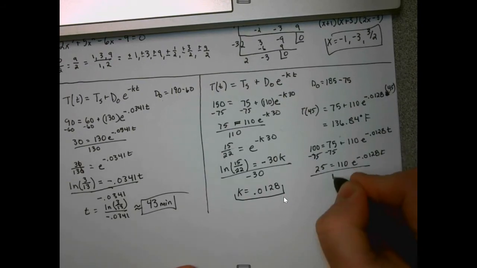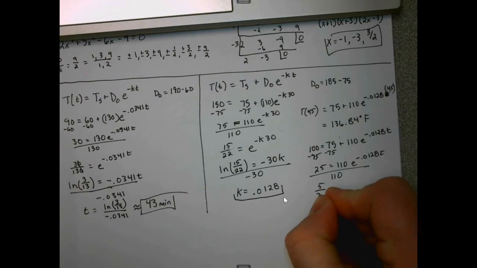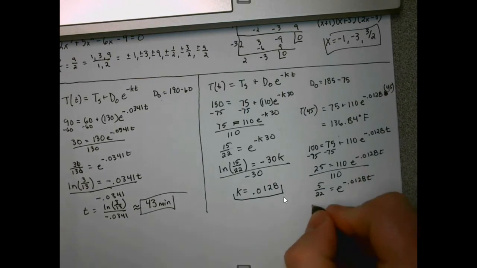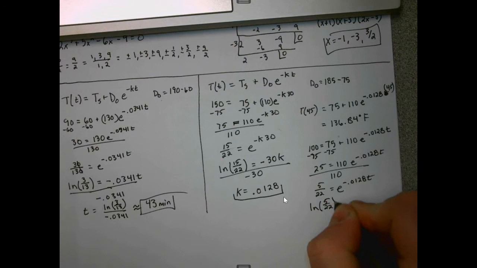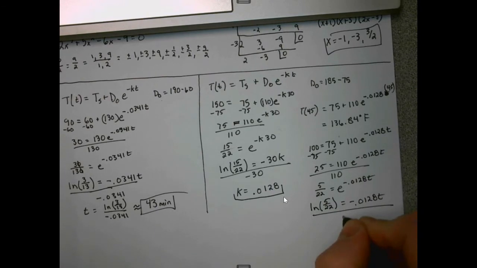Divide both sides by 110. So 25 divided by 110 is 5 over 22 equals e to the minus 0.0128 t. Take the ln of both sides. So ln of 5 over 22 equals negative 0.0128 t, and divide by your constant there, negative 0.0128.